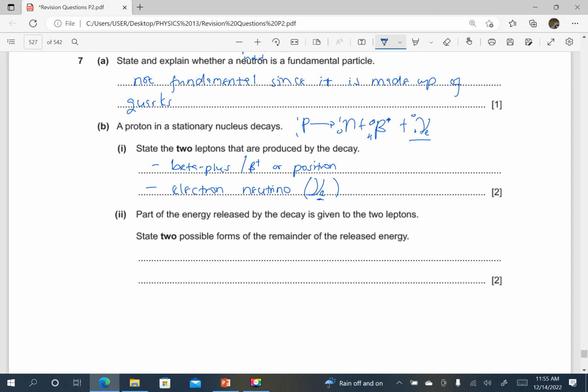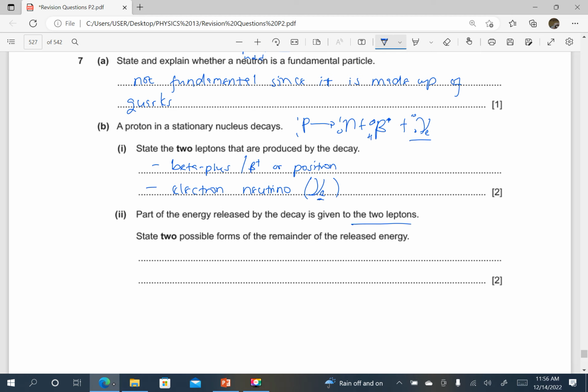Part of the energy released by the decay is given to the 2 leptons. State 2 possible forms of the remainder of the released energy. In which form does the remaining energy take? Because part of the energy released by the decay is given to the 2 leptons, the leptons will have kinetic energy.